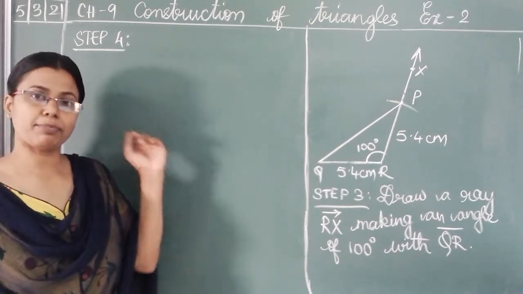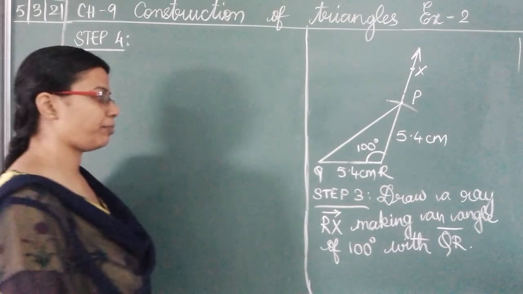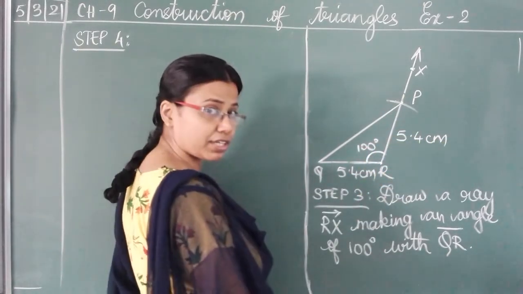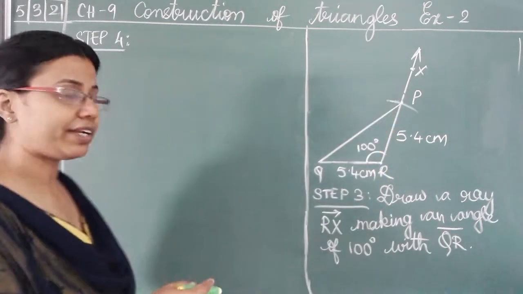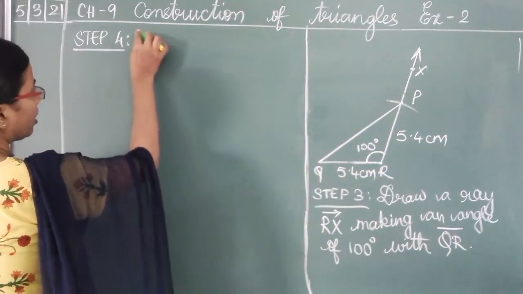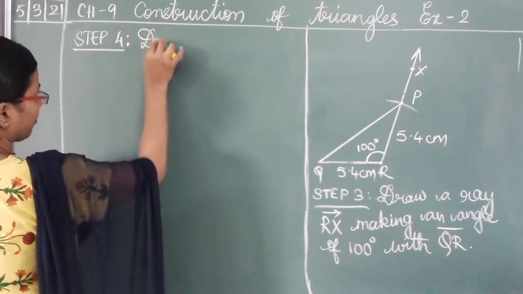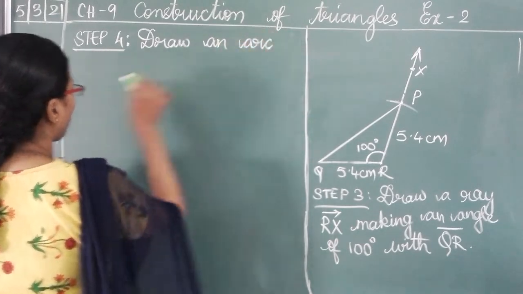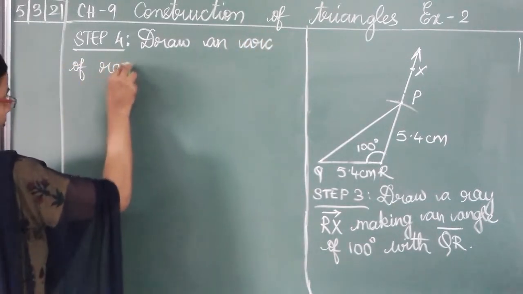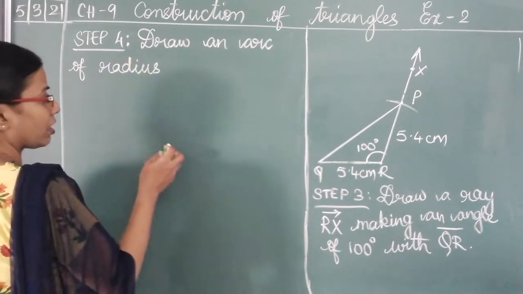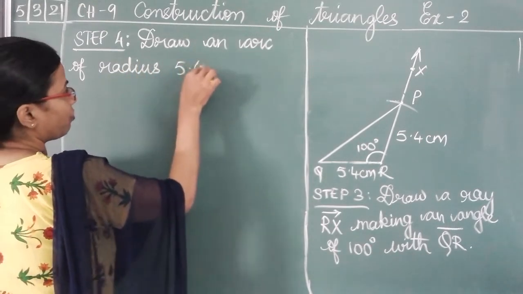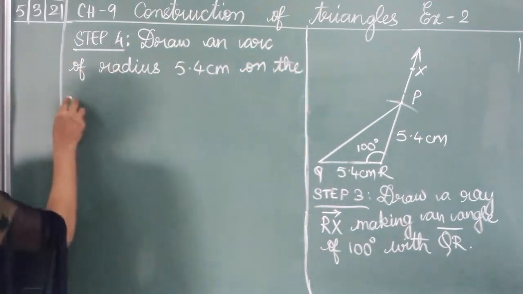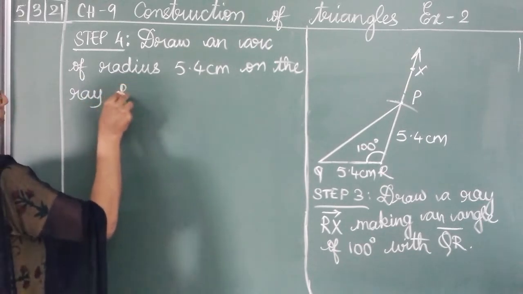Now let us write step 4. What did we do in the fourth step? We have drawn an arc of radius 5.4 centimeters from our such. So let us write the steps. Draw an arc of radius 5.4 centimeters on the ray Rx.